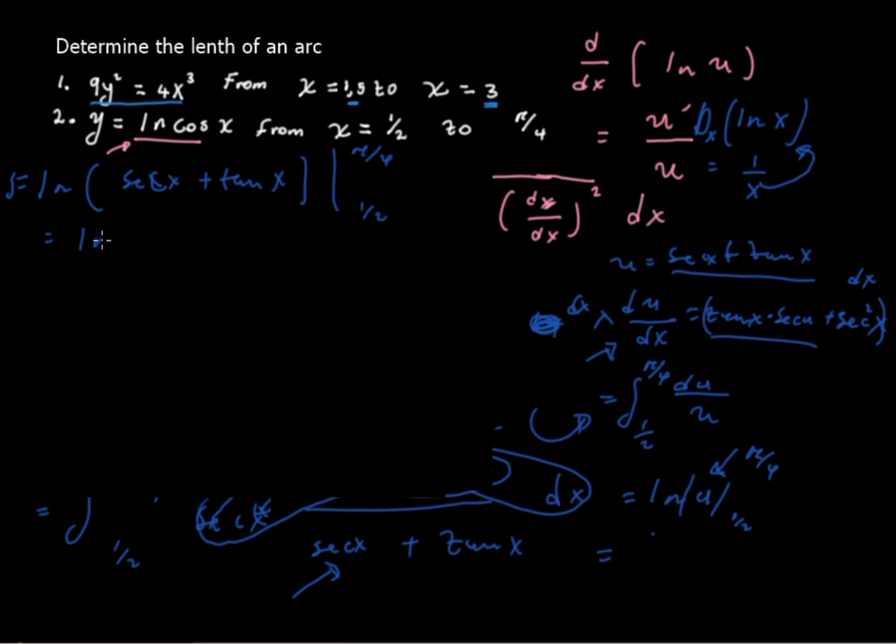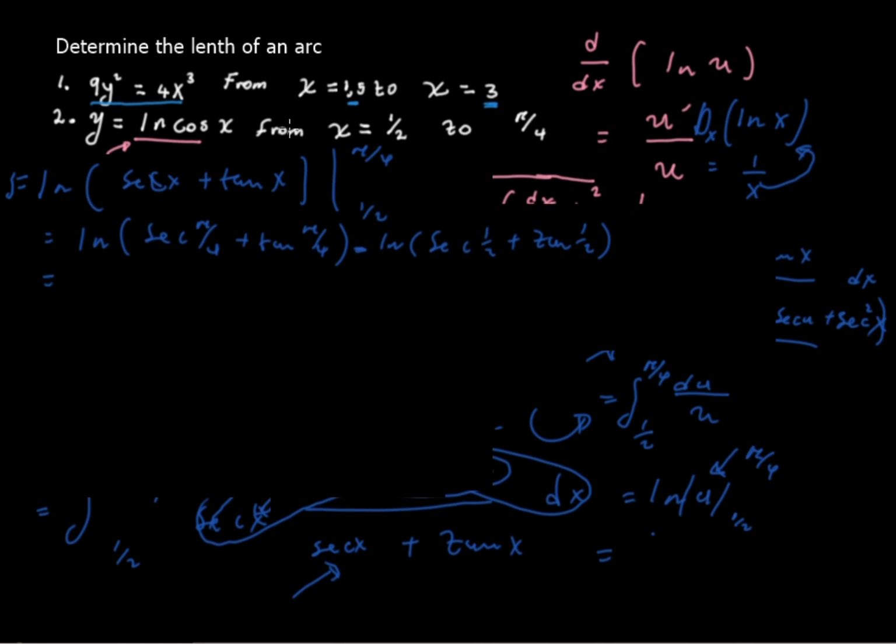So it's going to be the natural log of sec pi over 4 plus tan pi over 4, minus the same at 1 over 2. After you substitute everything, you have to put this on the calculator, and don't forget to put your calculator in radian mode.